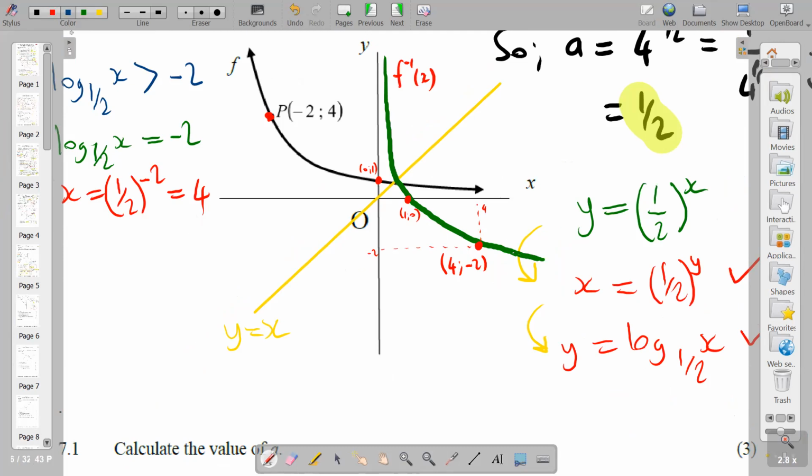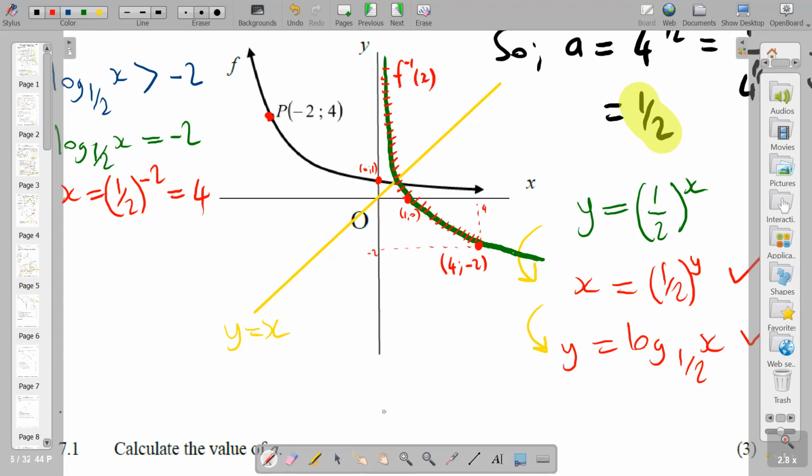So am I going to write less than 4 or more than 4, or how can I properly write the restriction? Now, it must be more than -2. I will shade it on the graph to get the full answer here. So it is more than here, the red shaded part. So that is the section of the inverse function when it is more than -2.